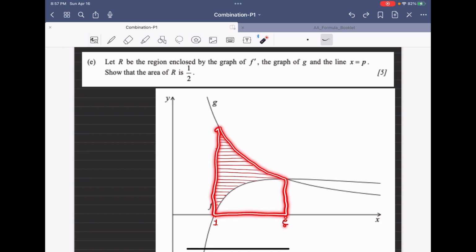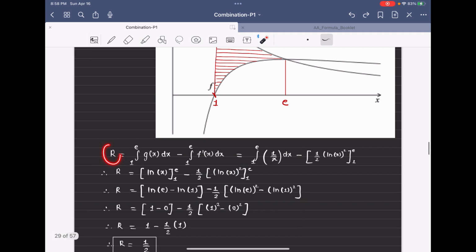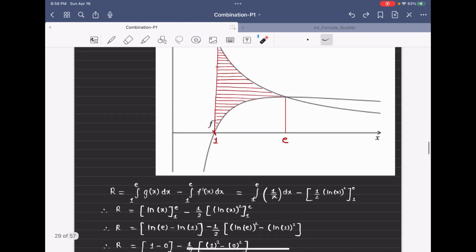Then I will subtract the integration of the graph of f dash, again with lower limit 1 and upper limit e. Then I will get this required area, which is capital R, and we want to show that it is equal to 1 by 2. Let's start with R is equal to the upper one, g of x dx with lower limit 1 and upper limit e, minus the lower graph, f dash x dx with lower limit 1 and upper limit e.